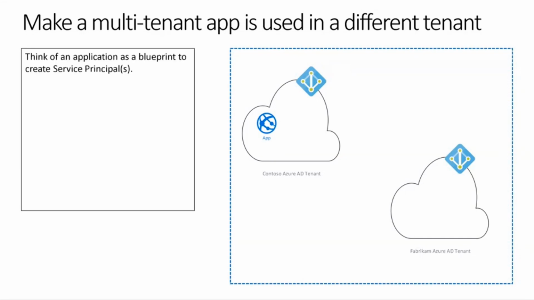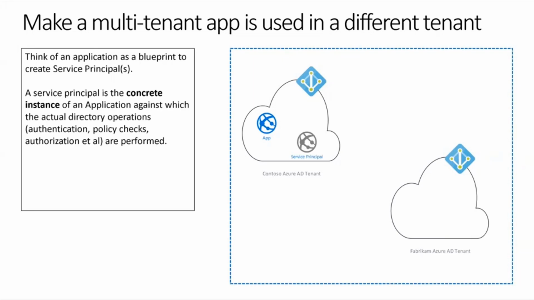So you have created an app registration in your own home tenant, and you can think of it as a blueprint that you have created to generate service principals in the home tenant itself, which is a concrete instance under which, as I mentioned, all the directory operations are performed.